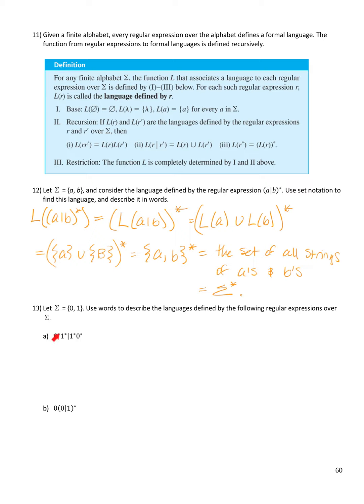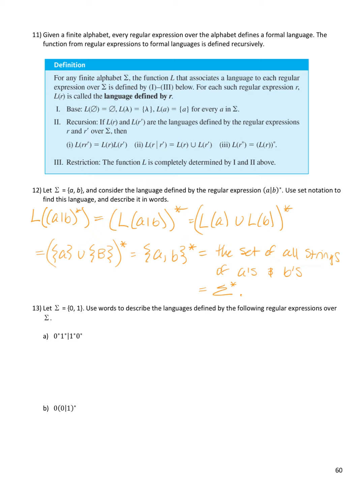So 0 star, that is, remember, the concatenation of 0 with itself any finite number of times. So 0 star is just a string of zeros, any finite number of times. 1 star is a string of ones. And then we'll say or a string of ones followed by a string of zeros.